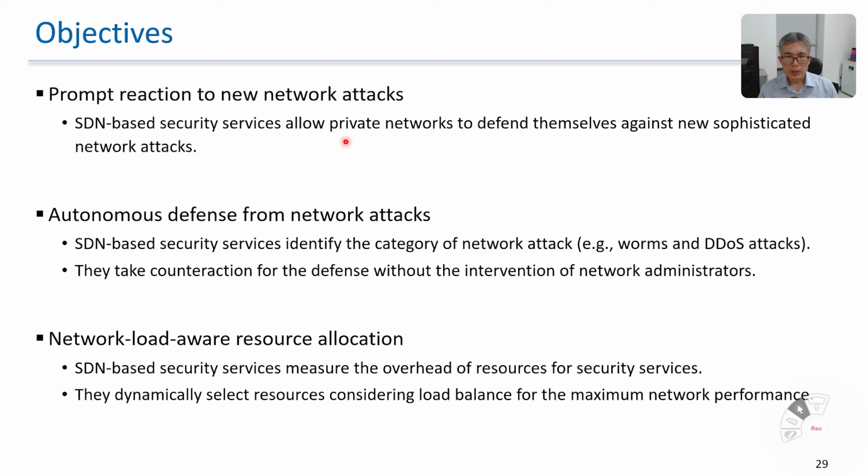Okay, they set up OpenFlow table entries to defend against those sophisticated network attacks. And autonomous defense means SDN-based security services identify the category of network attack, such as worms and DDoS attacks.